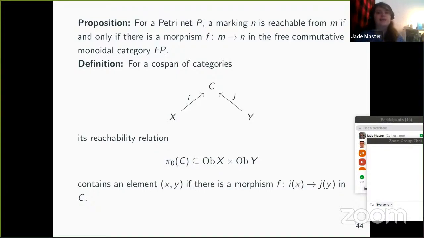Really, this idea about reachability is really talking about connectivity of your category. So if you have a Petri net, then a marking n is reachable from m if and only if there's a morphism from m to n in the free commutative monoid category.